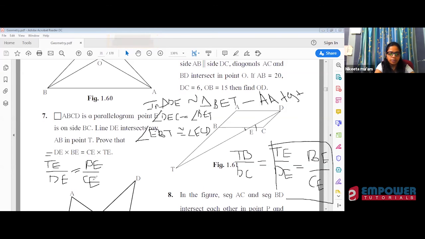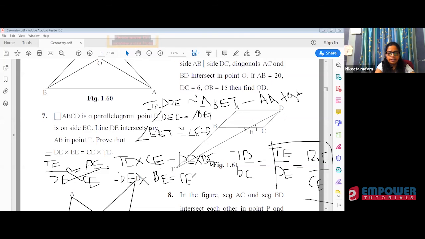If I cross multiply this, I will take this to this side and this to this side. Don't you feel this will be equal to TE into CE is equal to DE into BE, or you can say DE into BE is equal to TE into CE.